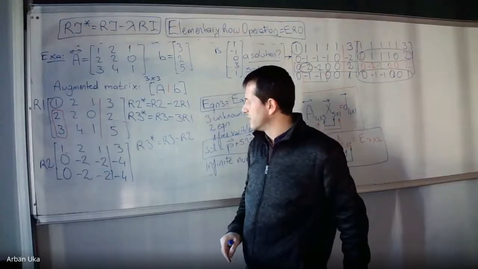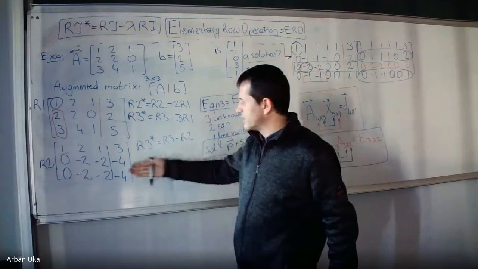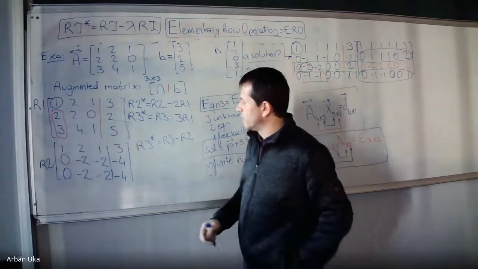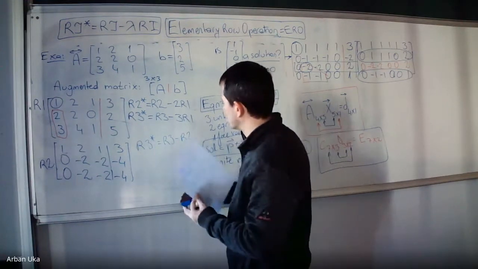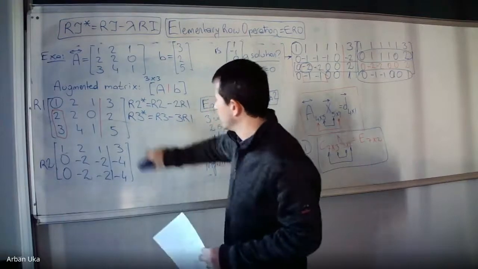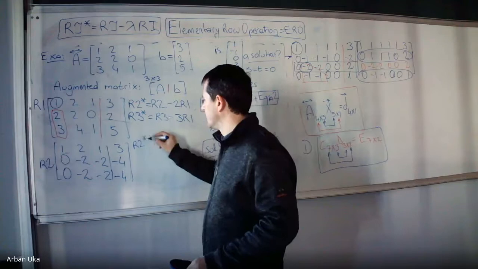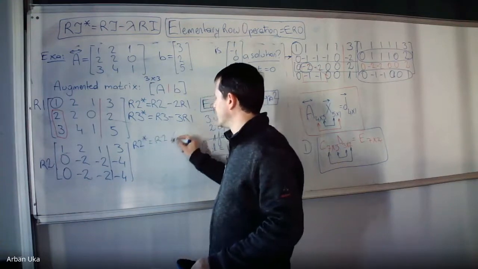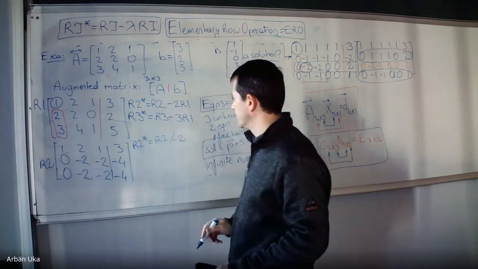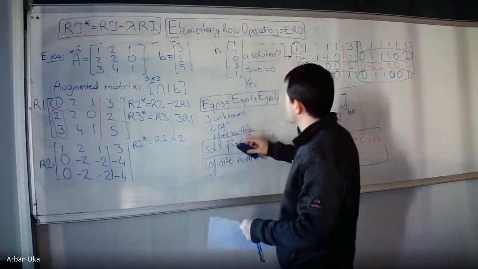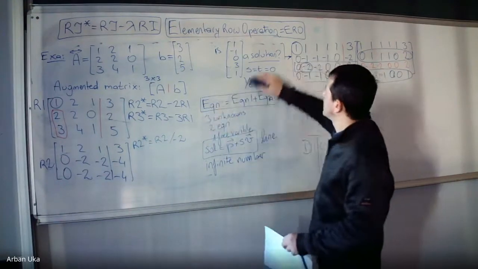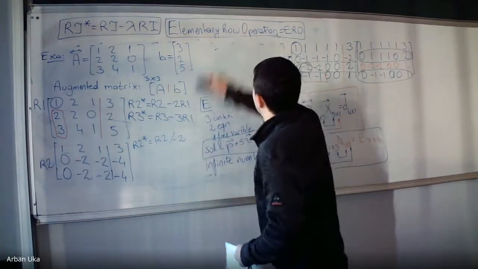Yes. Okay, but this is almost obvious, or we can use a more gradual step, which could be the following. The next step could be this: we do row 2 star. This is equal to row 2 divided by -2. Okay, and then if this is so, I hope you understood this part, and let's take this part out.